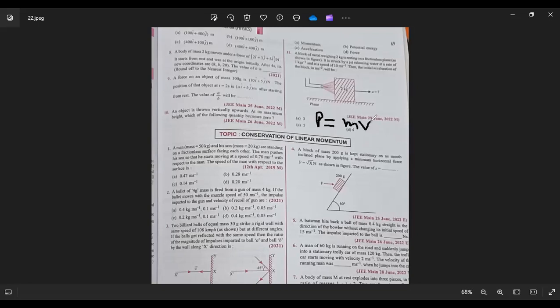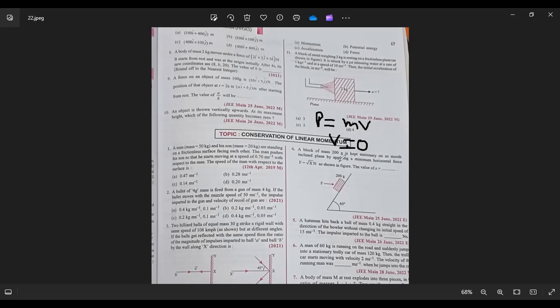If the object is thrown upward, at the highest point the velocity of the stone is 0. So v is equal to 0, which means the momentum is also equal to 0. P is also equal to 0. So your answer is momentum.